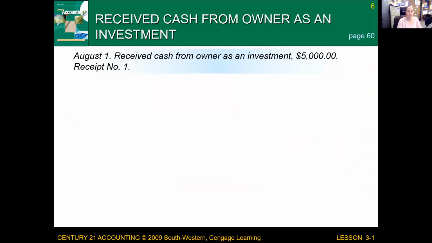So when we receive a general journal, I'll show you where they get put in. Right here on the very first transaction, it will say that you have a receipt number 1. We're going to abbreviate all of our source documents and use the first letter, so it'd be R and then 1.